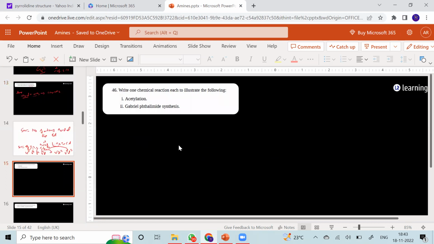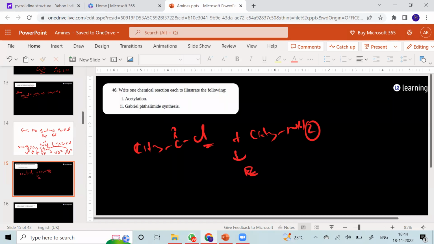Write one reaction to illustrate acetylation. For acetylation, you can write, for example, if I have CH3C double bond O Cl, now I'm going to make it react with CH3NH2. You'll remove one hydrogen and one chlorine and go for CH3C double bond O, CH3.